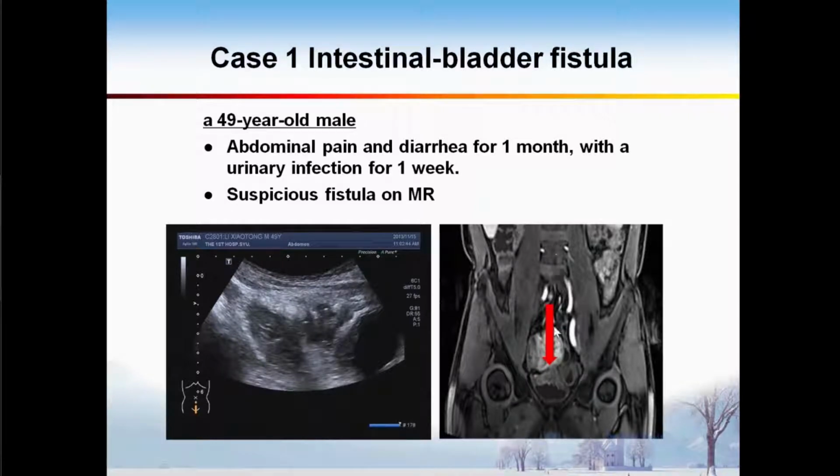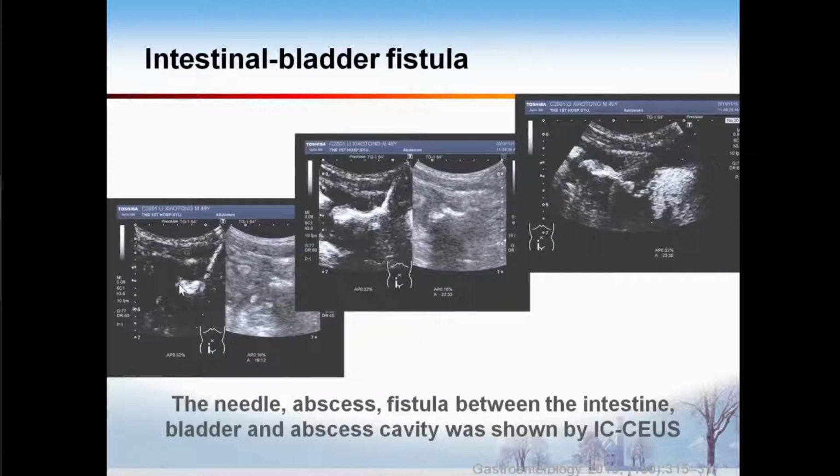By MRI, we can see adhesion between the intestine and the bladder, but we cannot see the fistula. When we inject the contrast agent into the abscess, we can see that the agent flows into the intestine, and another way flows into the bladder. We can see here is the fistula.